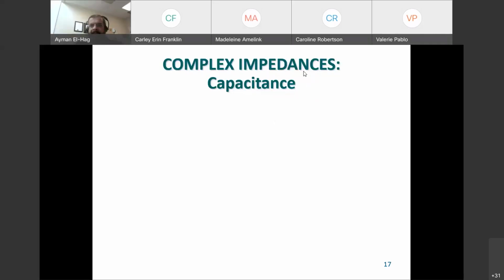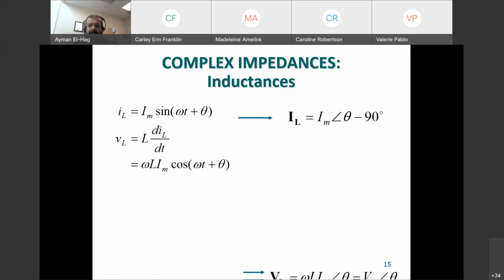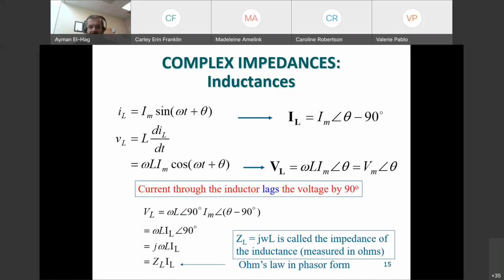Okay, so what we did last time, we talked about the inductor, and we said that the inductor will have an impedance, and this impedance of the inductor is equal to j omega L. So basically, the inductor will be replaced in AC analysis with a j, imaginary number, and omega, which is the frequency that comes from the supply.